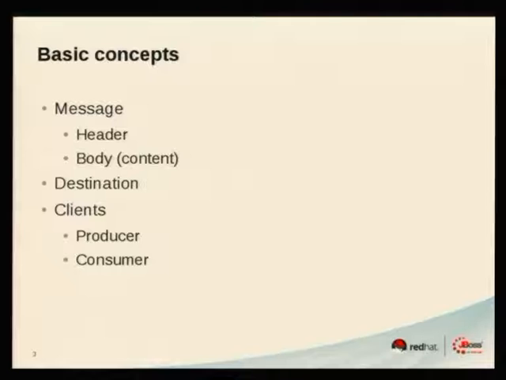Some terminology. A message is an amount of data you want to transfer. It consists of headers, which are some predefined headers, and you can also define your own headers. Then there is a body, which is the content of the message you want to send.